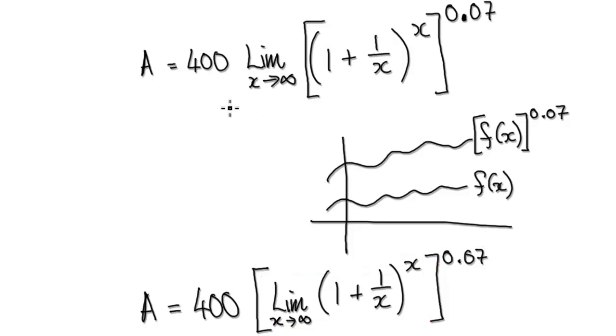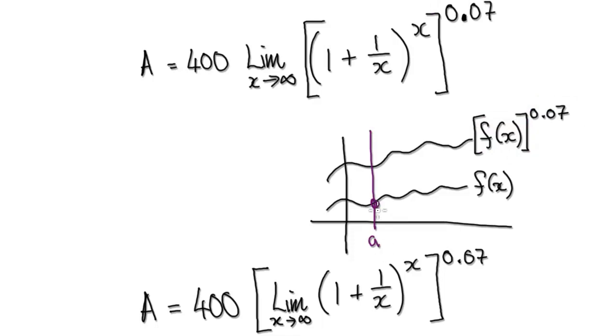So let me explain this step, from here to here. Let's say you've got a function f of x, and then you power it by this weird number. Let's look at when it's a.